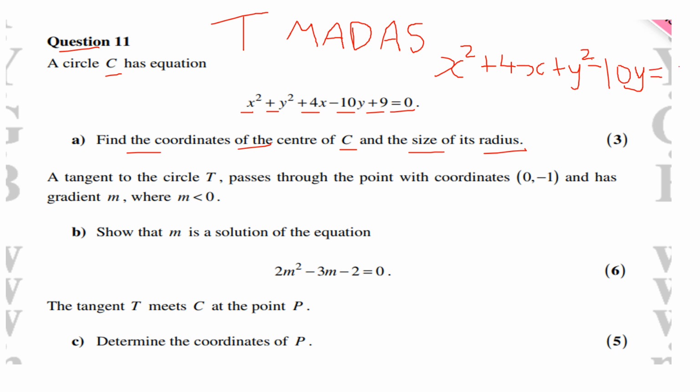I'm now going to complete the square on the x squared plus 4x and the y squared minus 10y parts. So x squared plus 4x will be x plus 2 all squared. Remember, you half the coefficient of x, so half of 4 is 2. Close the bracket and then square it, and then subtract the number squared.